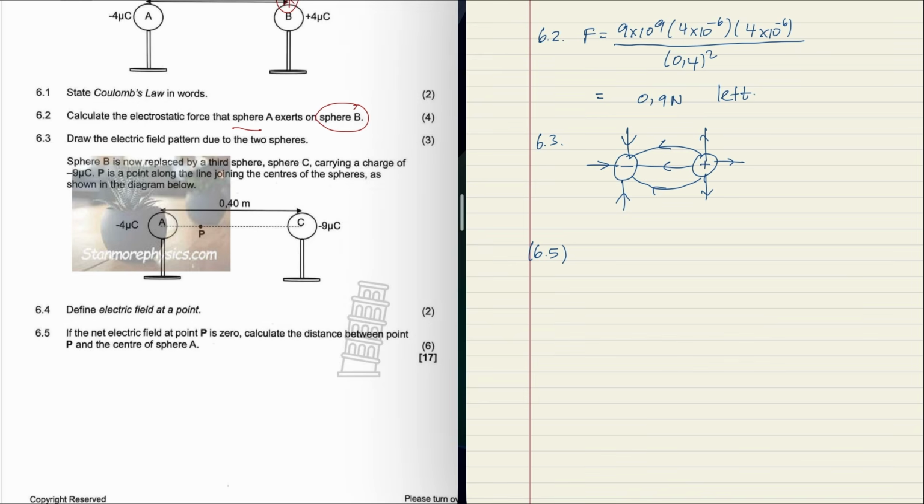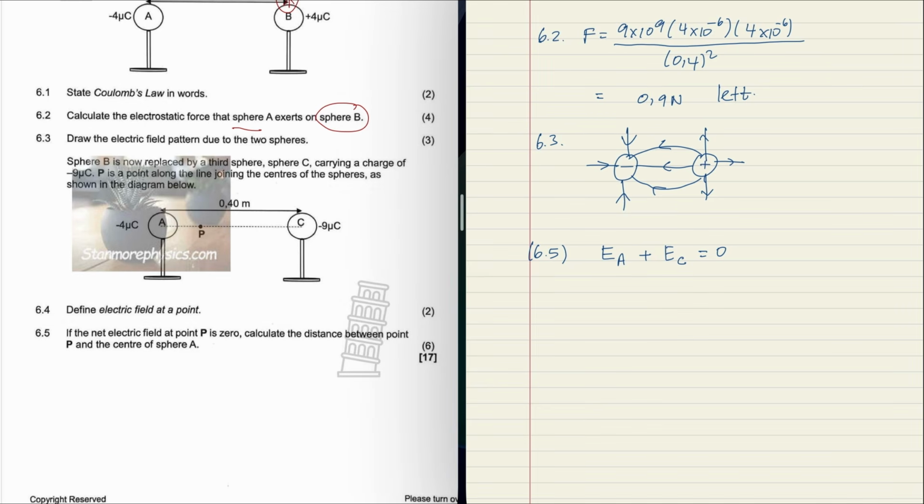sphere A. Okay, so what we'll do here is we're going to say that the electric field due to A plus the electric field due to C is going to equal 0.